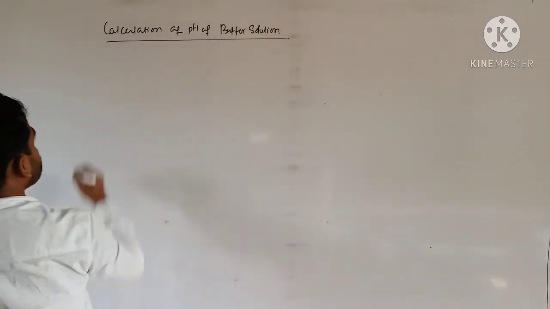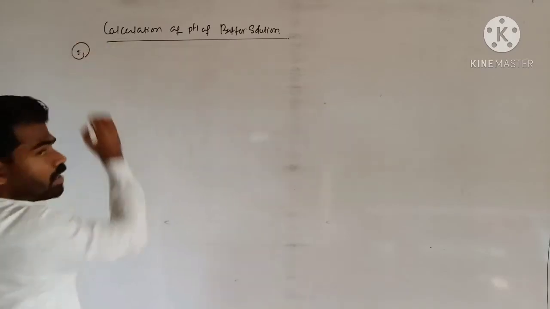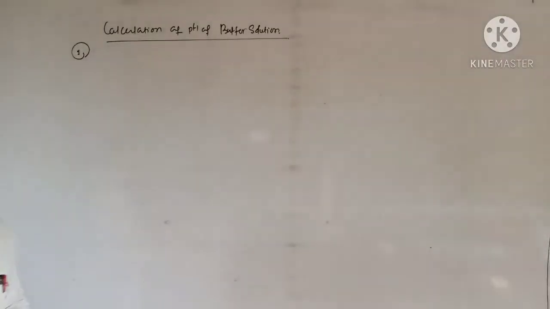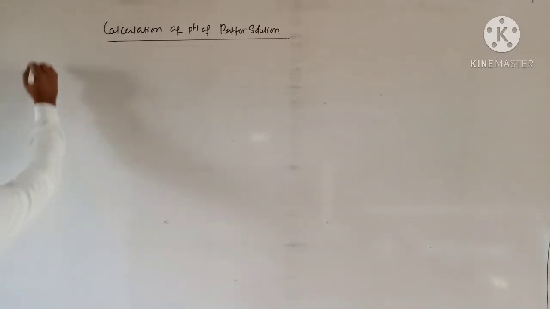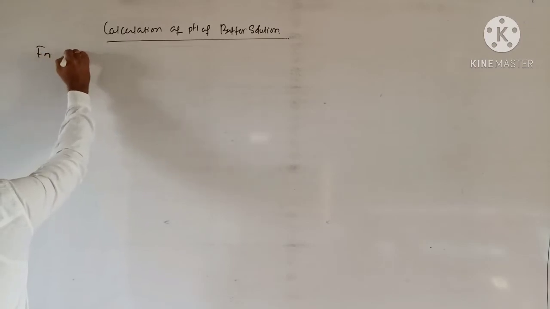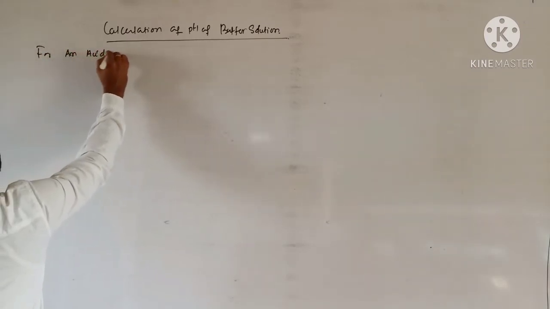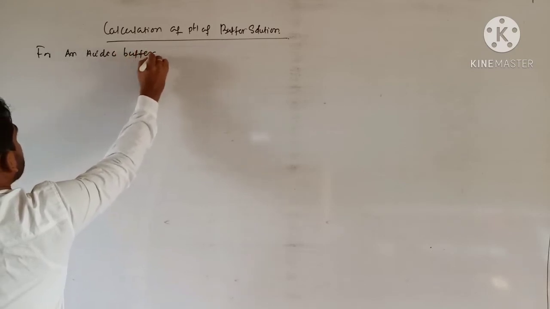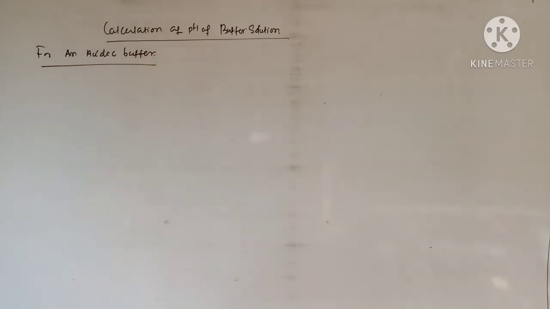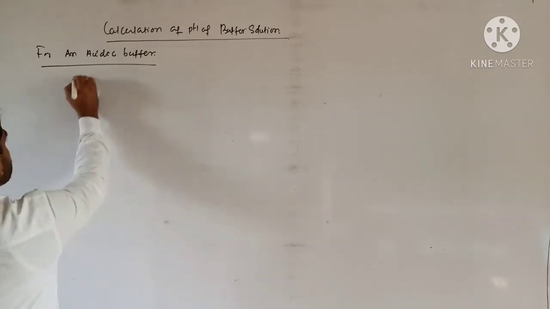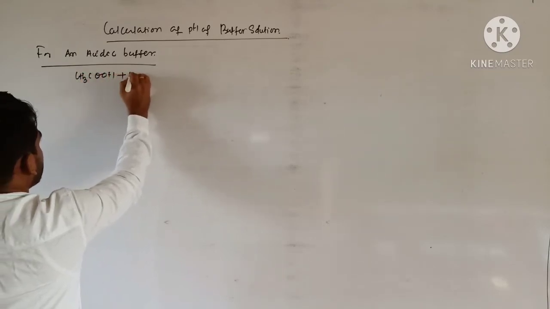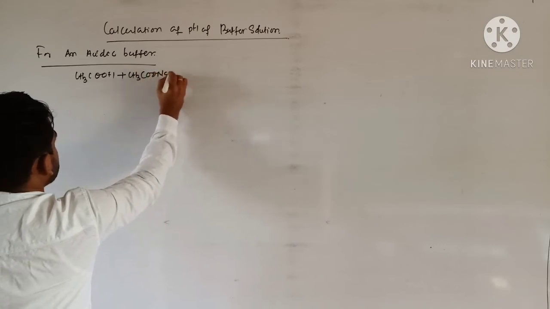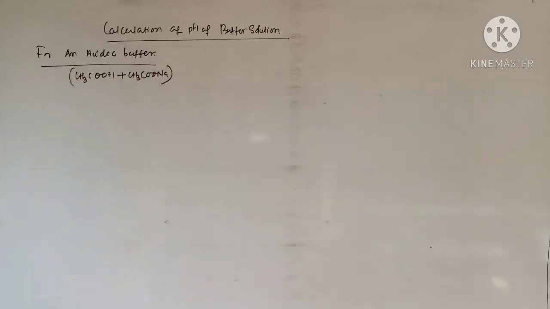First one, that is pH for acidic buffer. I need to calculate first for an acidic buffer. You know the examples of acidic buffer. First one, a popular example, that is CH3COOH plus CH3COONa. This is an acidic buffer.